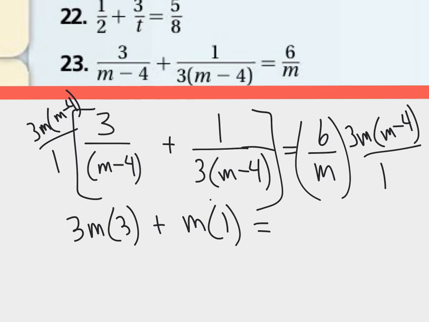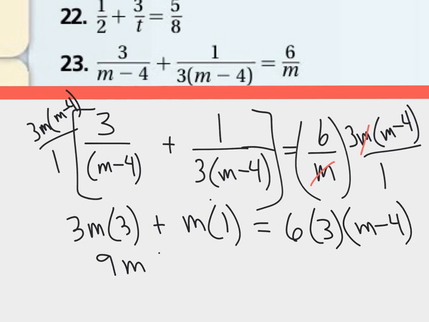On the right side, the m's would cancel, and that's the only thing over there, so we can actually physically cross those out if you want. And we'd be left with 6 times 3 times the quantity m minus 4. So that'd be like 18 times the quantity m minus 4.